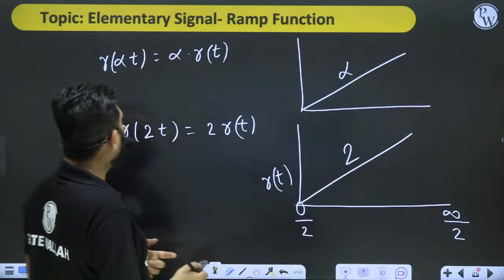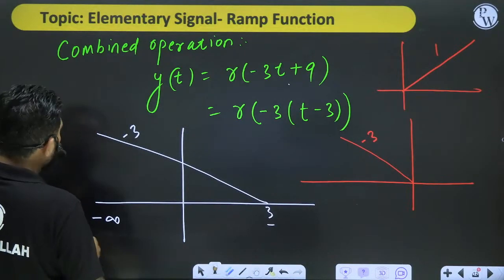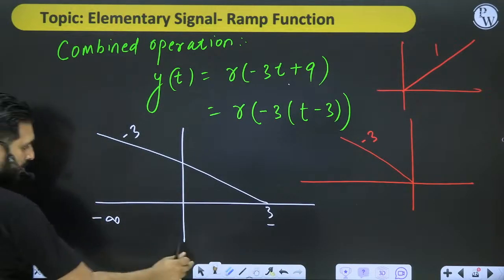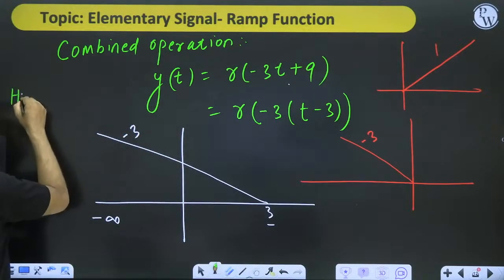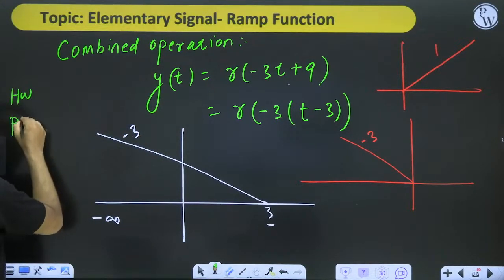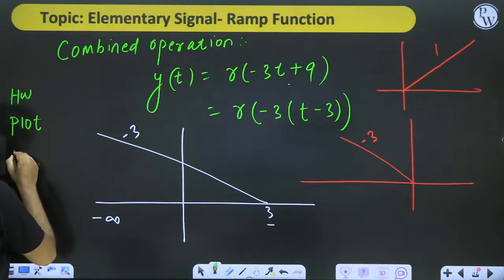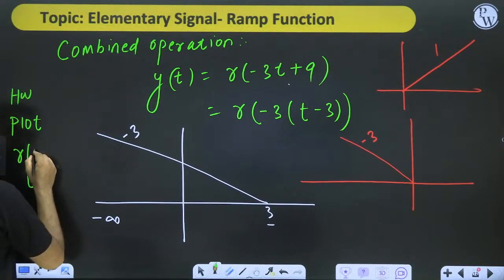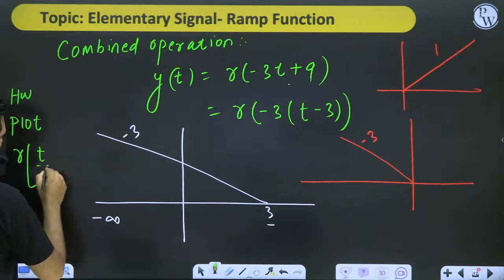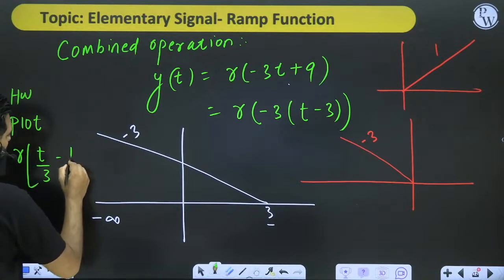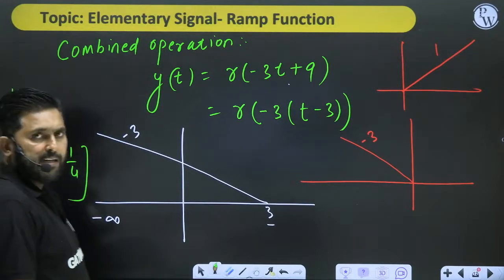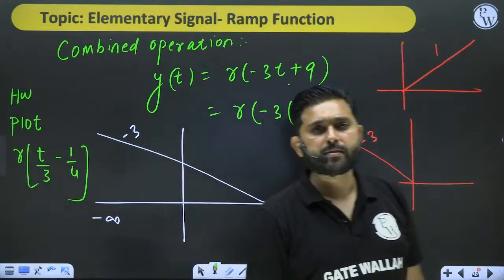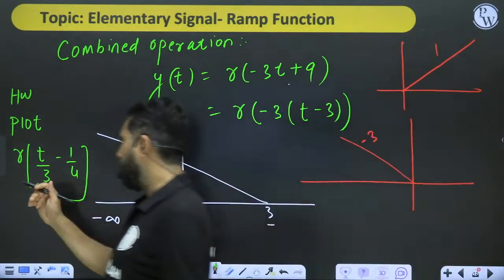I am giving you homework, again homework: plot r of t by 3 minus 1 by 4, and tell me what the scaling factor should be. Let's consider some value also.